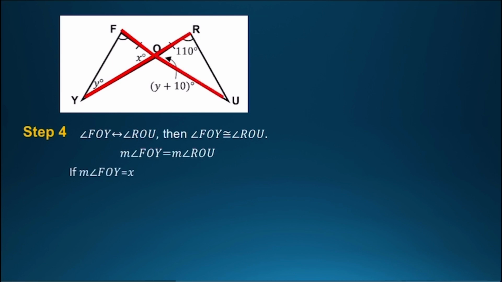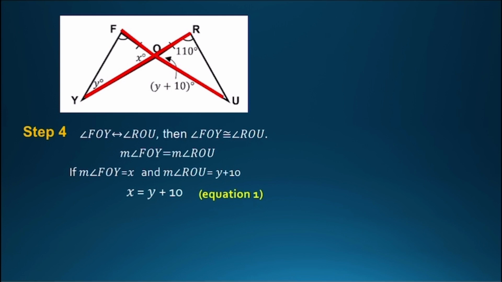If the degree measure of angle FOY is equal to x, and the degree measure of angle ROU is equal to y plus 10, then x is equal to y plus 10. That will be our first equation.